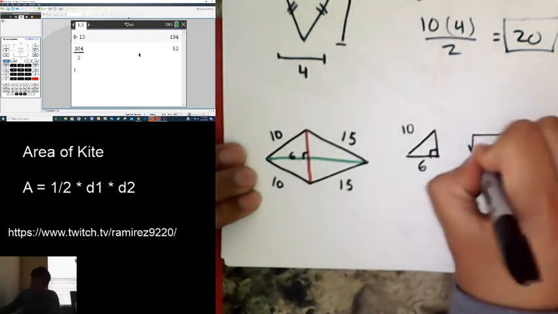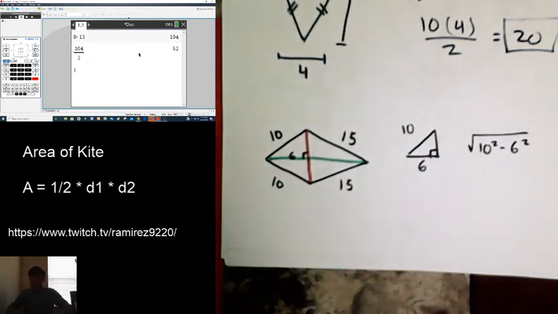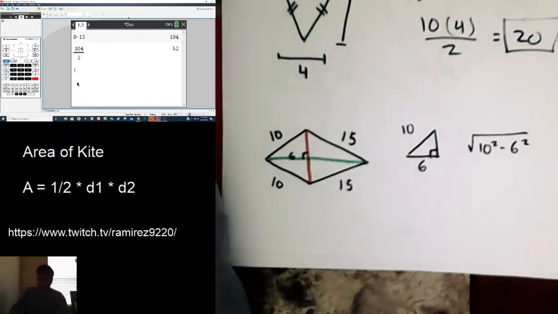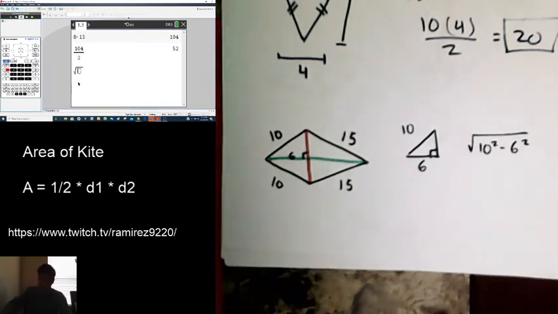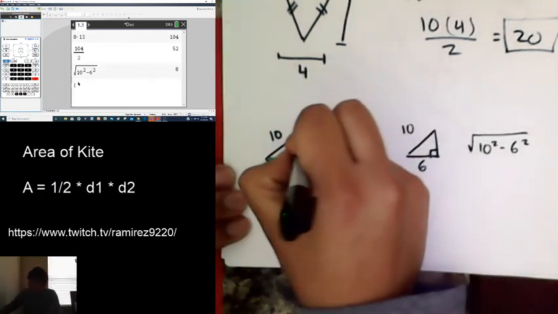So if I do Pythagorean theorem, I'm subtracting. If you don't remember why and how I get to that part right away, go ahead and look at the video on Pythagorean theorem. So 10 squared minus 6 squared, and that's 8. So I know this is 8.